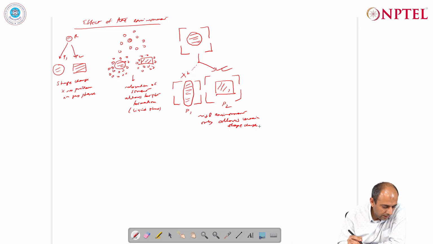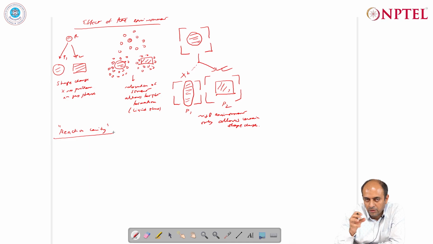And this enclosed space is referred to as the reaction cavity, that is the volume within which the reaction is supposed to take place.